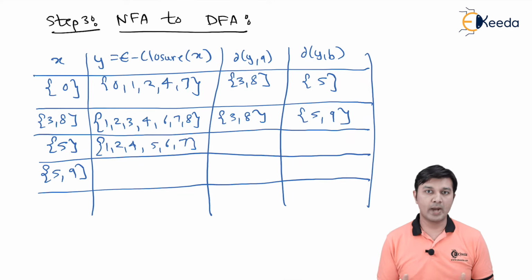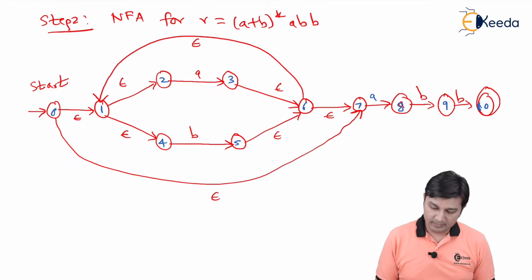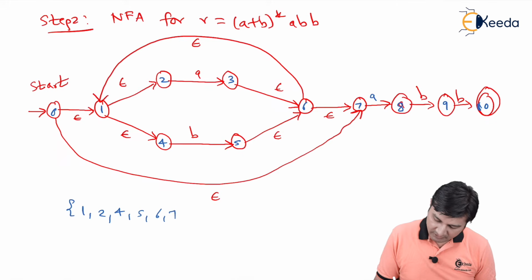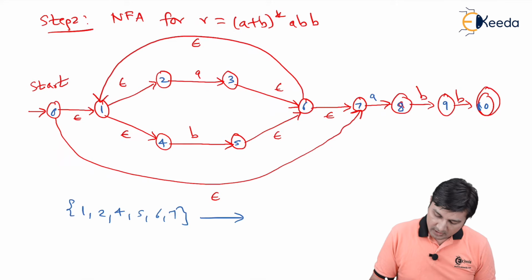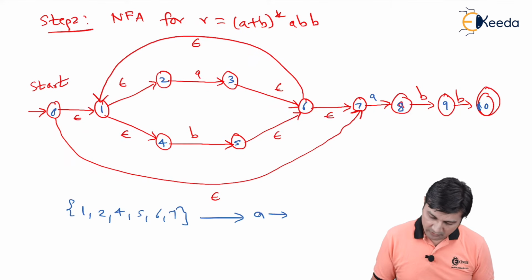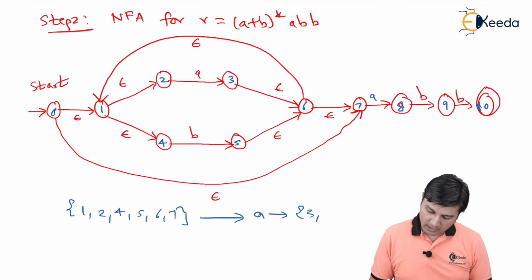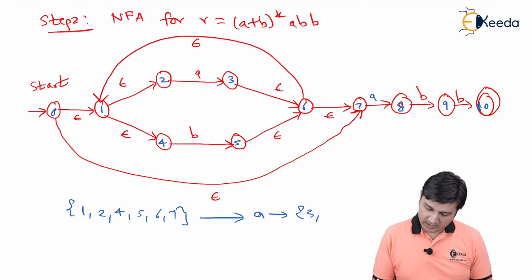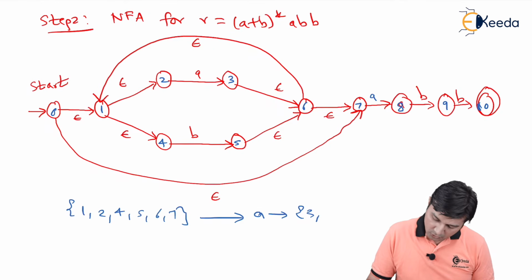For that, we have to move back to the diagram again. So writing 1, 2, 4, 5, 6, 7, that is nothing but epsilon closure of 5. Looking for transitions on A, 1 on A goes nowhere, 2 on A goes to 3, 3 on A we are not looking for, 4 on A nowhere, 5 on A nowhere, 6 on A doesn't go anywhere, but 7 on A goes to 8.